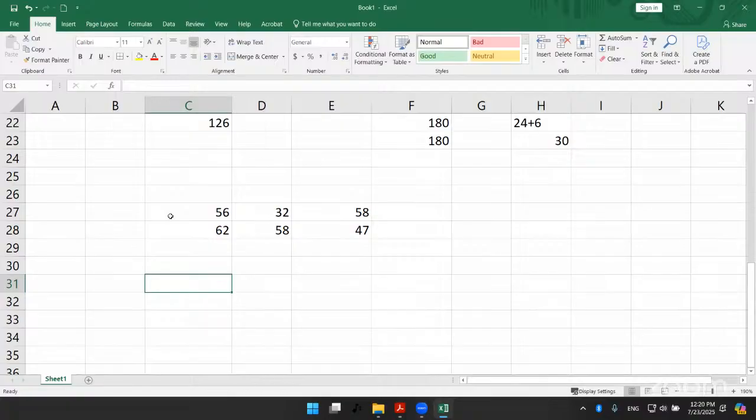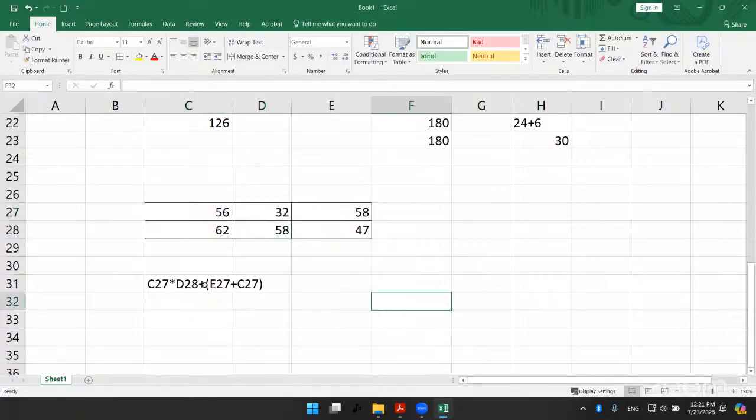Like here, C27 multiplied by D28 plus E27 plus C27, like this. So you will have a question like this also. The values are in the cells, so the question is asking from reference to cells. The next point is you have to write the values for these cells.